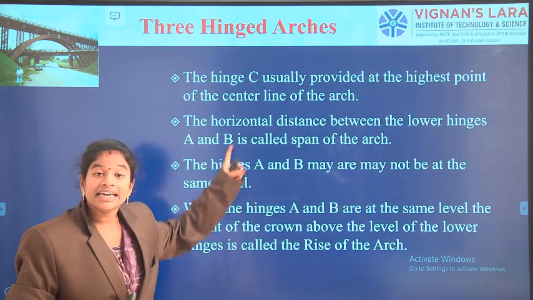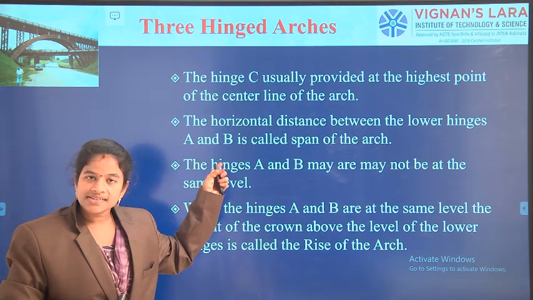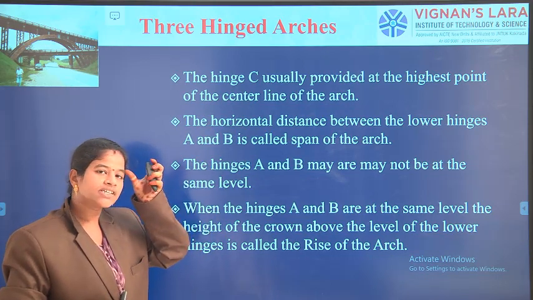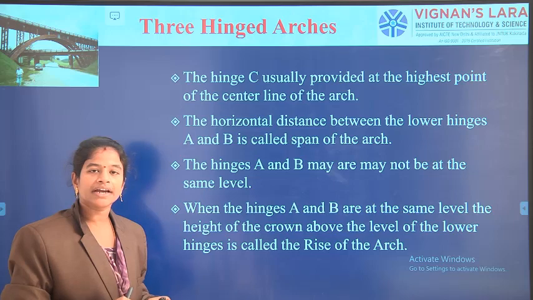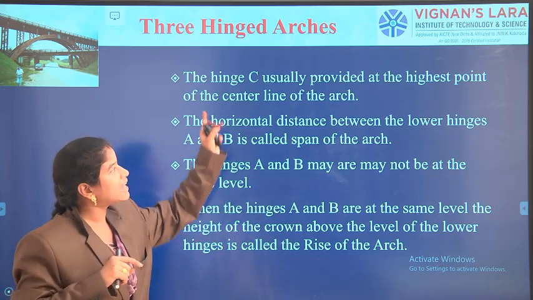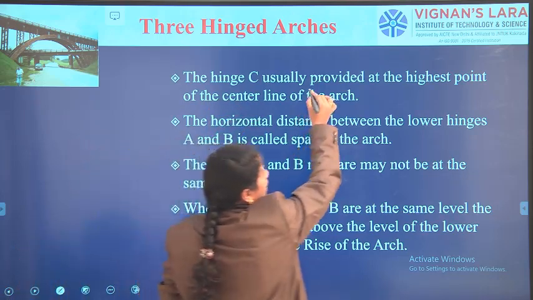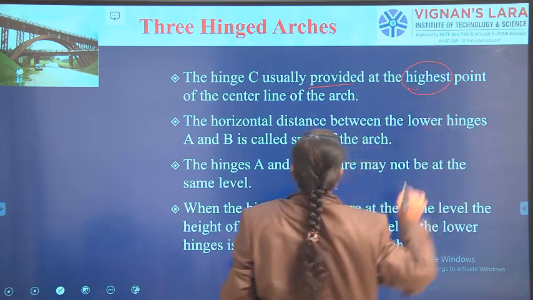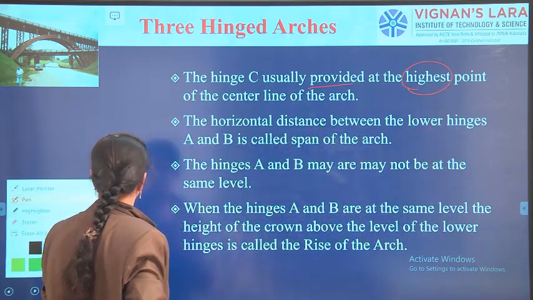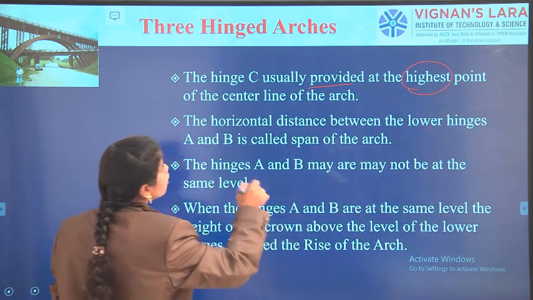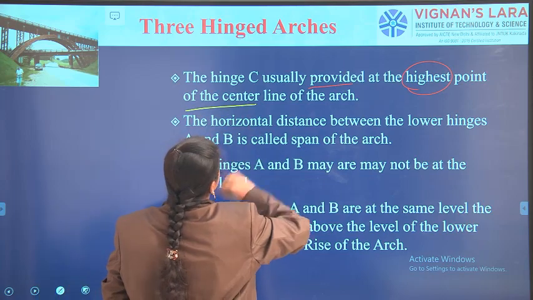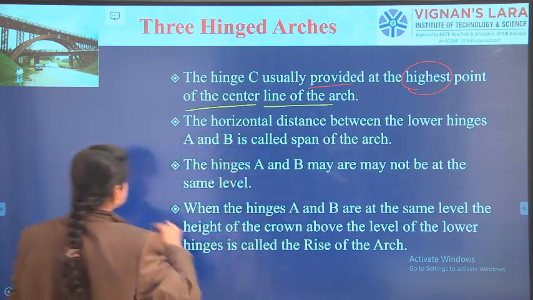Next, the third hinge C. In the previous step we have mentioned two hinges only, that is A and B, which are located at the supports, and the third hinge C is provided at the highest point, or the center line of the arch.